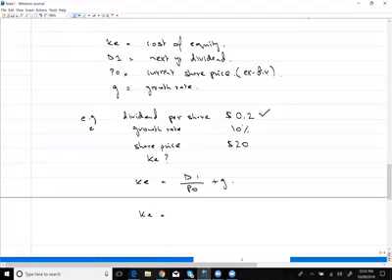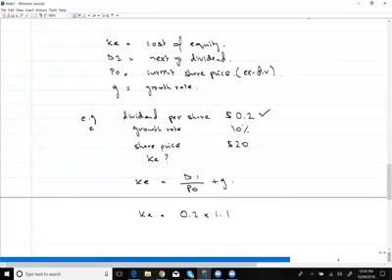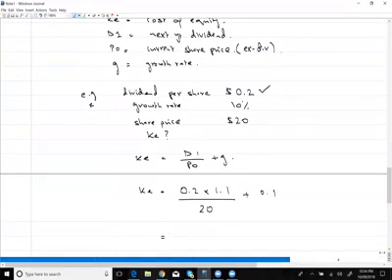So how will I compute it? 0.2 multiplied by the growth rate, which is 10%, so into 1.1, divided by P naught, which is the share price of 20, plus G, which is 10%, so 0.1. So KE will be 11.1%.